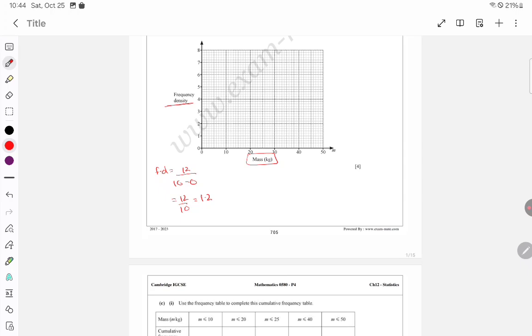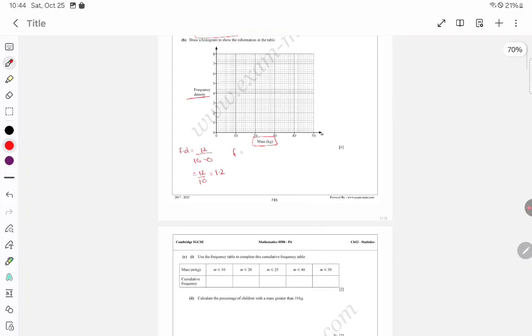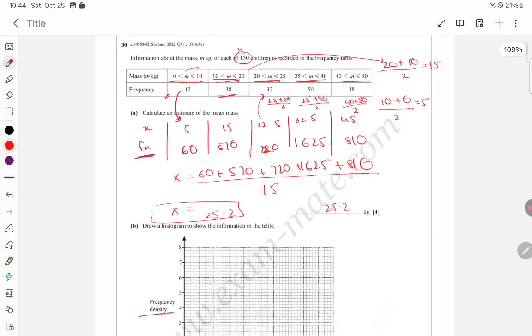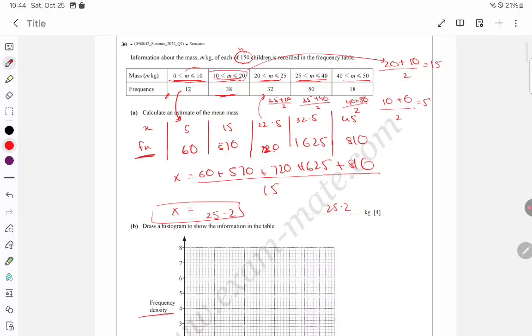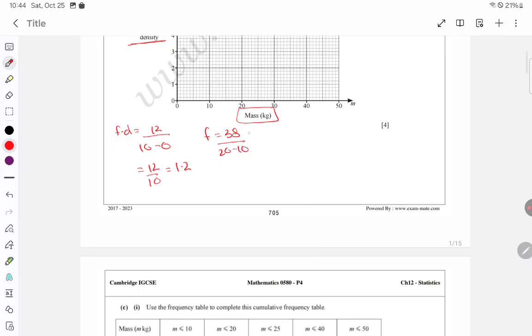For the second frequency, 38, the limit of mass is 10 to 20, so 20 minus 10 is 10, and 38 divided by 10 gives 3.8.